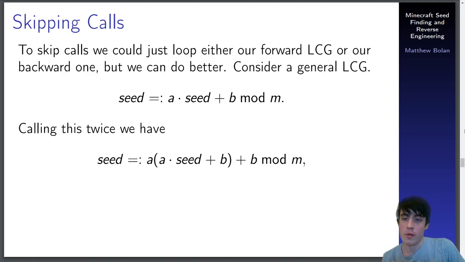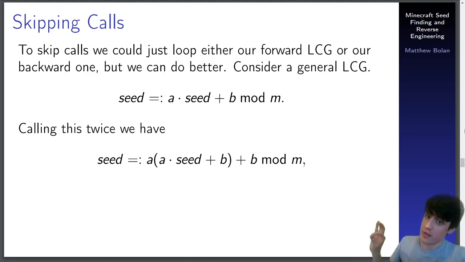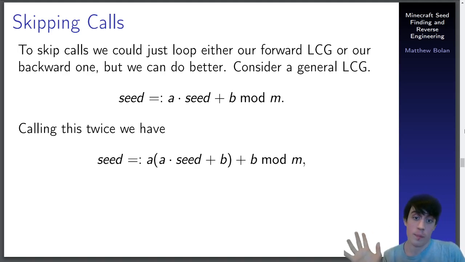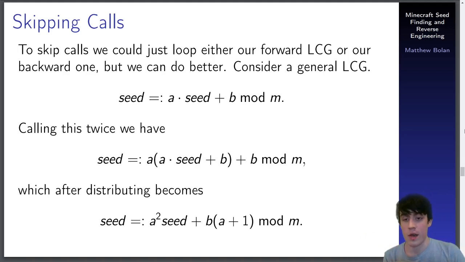And now the seed 2 calls in the future is going to be assigned a times seed plus b mod m. And in modular arithmetic, the distributive property goes through just fine, and we get seed is assigned a squared times seed plus b times the quantity of a plus 1 modulo m. Whew, bit of a mouthful to say there.